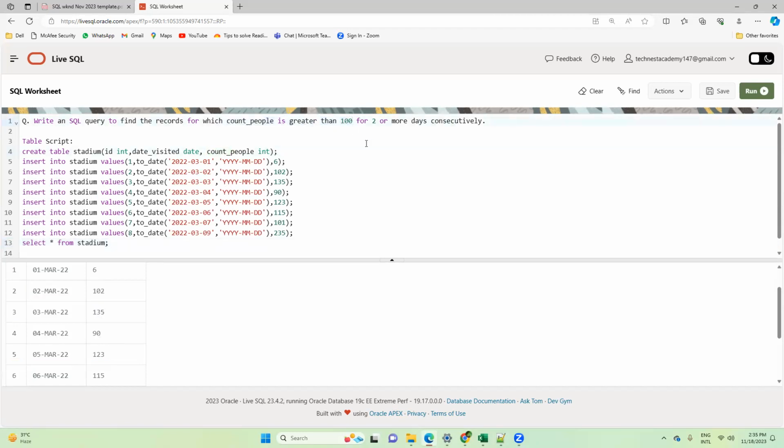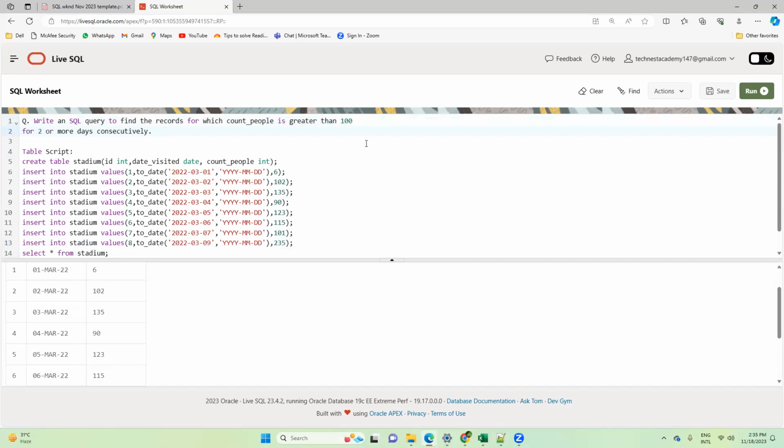Okay, let's stop here. Suppose this condition is not there, ignore this condition. Suppose this is the question: the count of people is greater than 100.